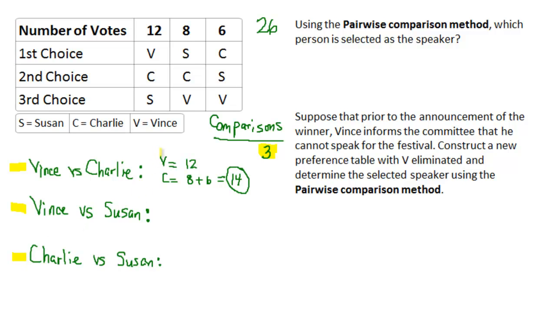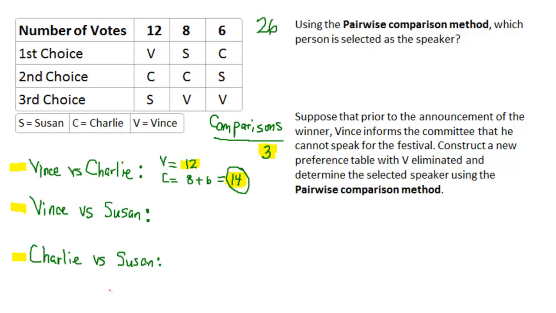So I already went ahead and did the Vince versus Charlie comparison, and when I did that, you saw that Vince came out to 12 total votes, and Charlie came out to 8 plus 6. So Charlie wins this head-to-head comparison with a total of 14.